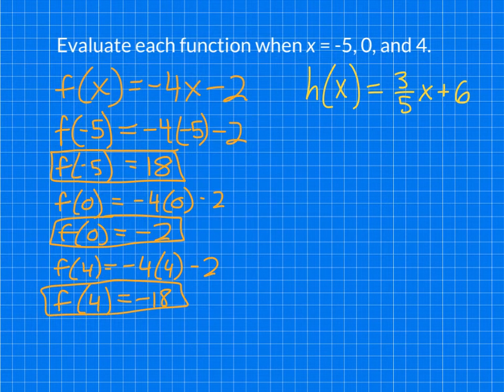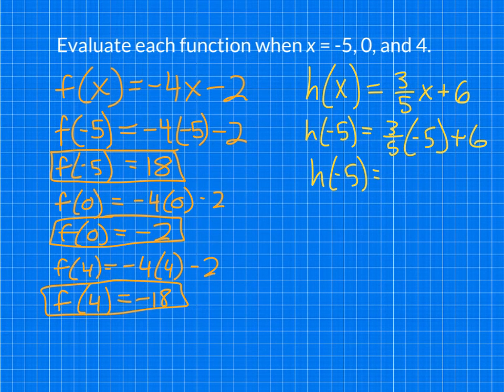We're going to do the same thing for function h here. I'm going to put in negative 5 for x. So I got h of negative 5 equals 3 over 5 times negative 5 plus 6. So h of negative 5 equals, let's see here, 3 over 5 times negative 5 is negative 3.